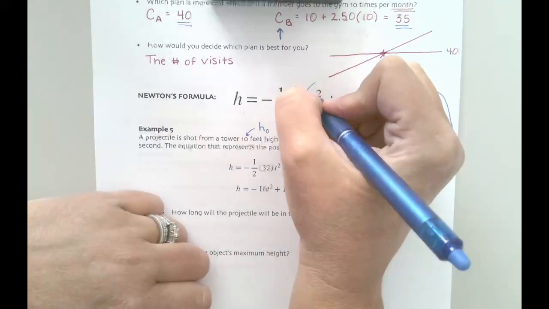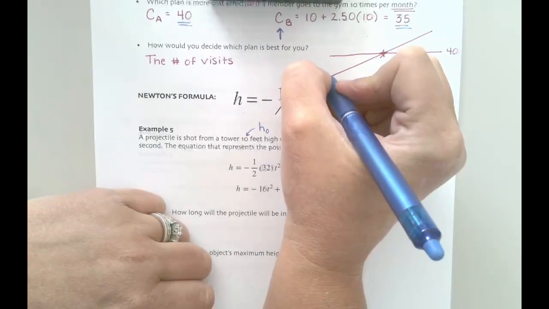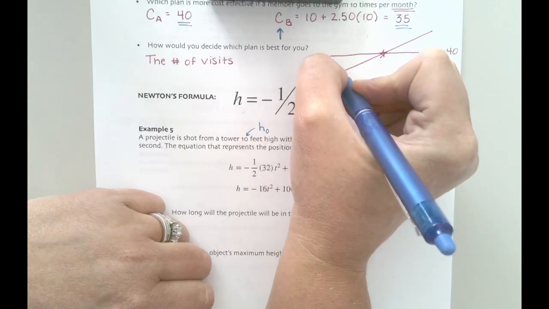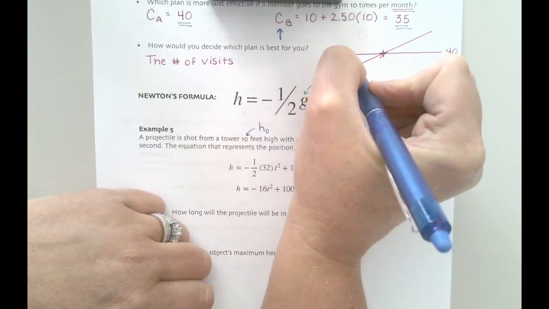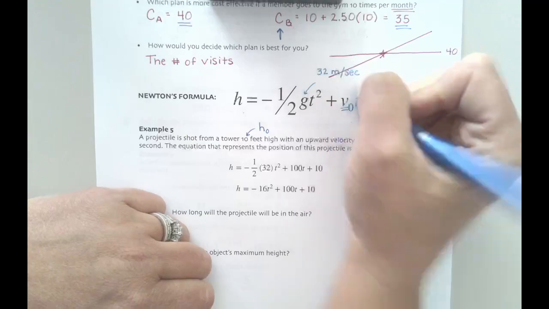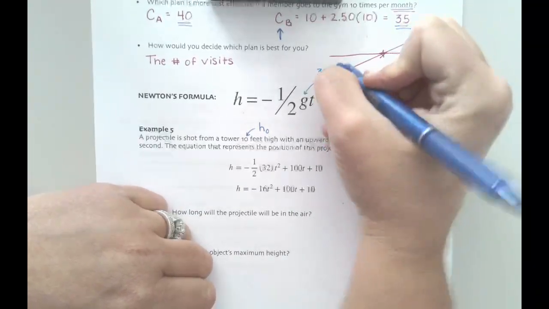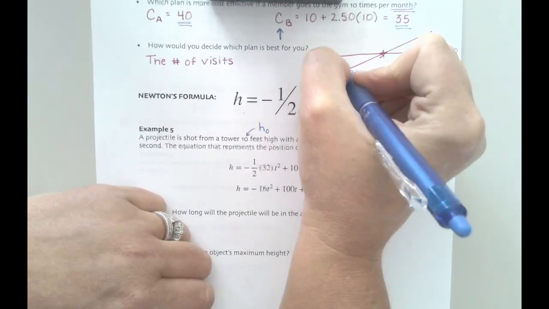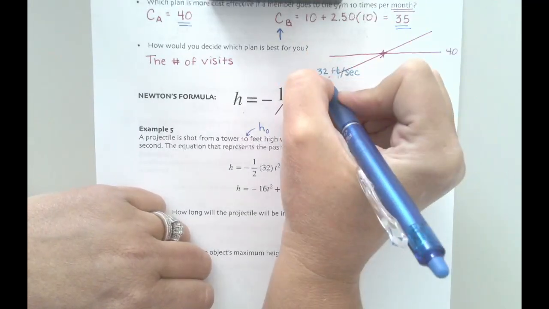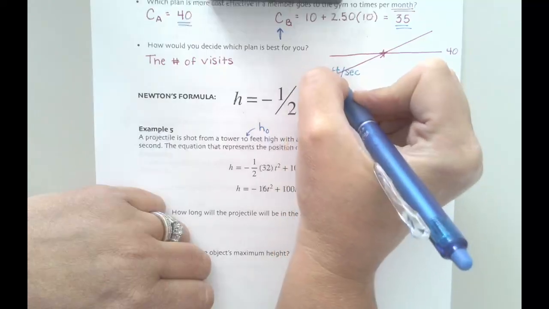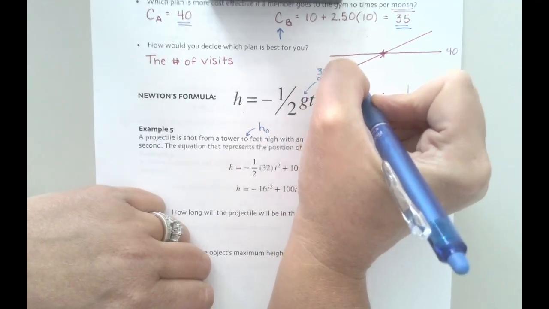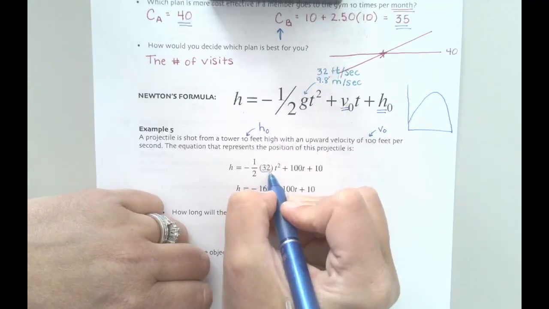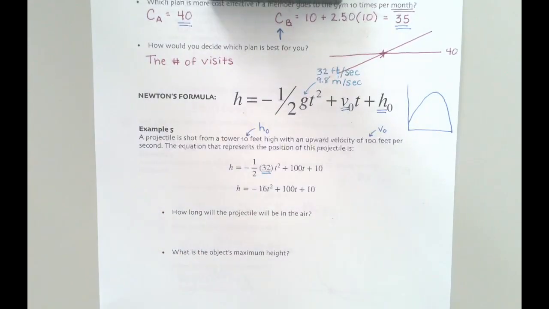So this g value is 32 meters per second if you're in, nope, I'm sorry, I did that wrong. It's 32 feet per second, okay, if you're measuring in feet, or it is 9.8 meters per second. So you will always see either a 32 in that equation there, or you will see a 9.8, depending on whether you're in feet or meters.